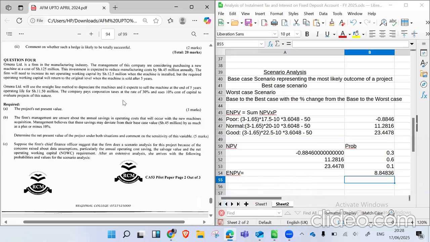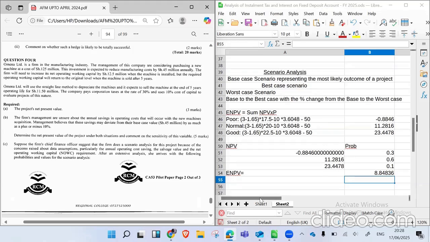So these savings of 45 million, they say the management estimates that they may increase by 10% or they may reduce by 10%. Either increase by 10% or reduce by 10%. Determine the NPV of the project under both situations and comment on the sensitivity of this variable.